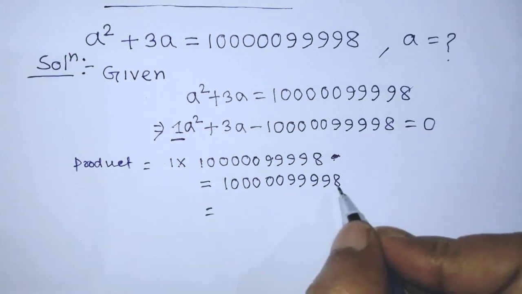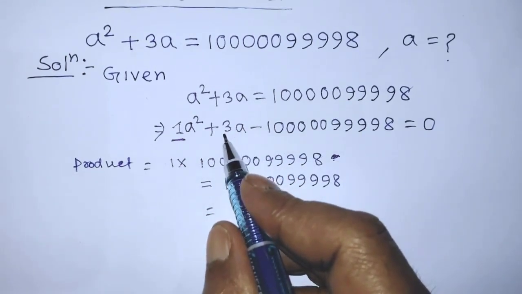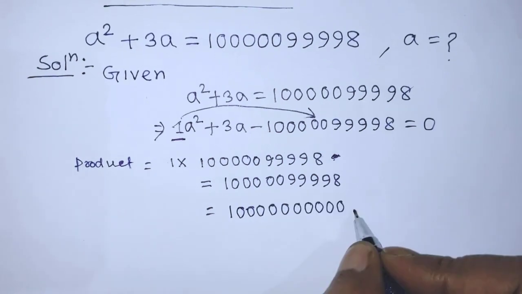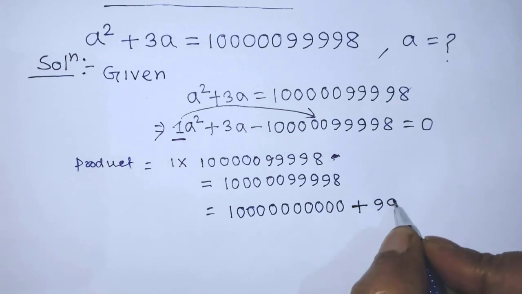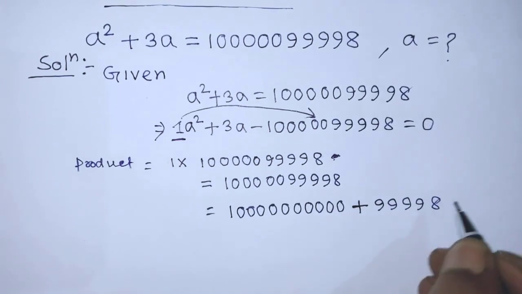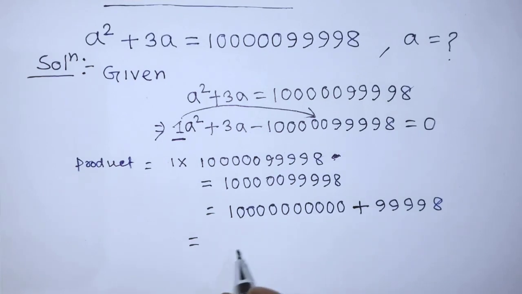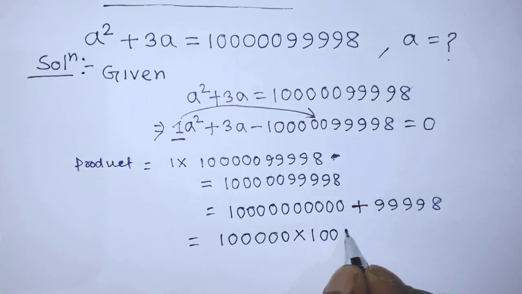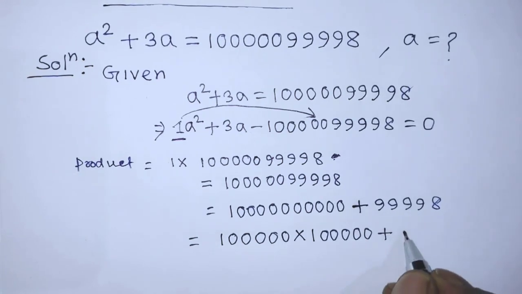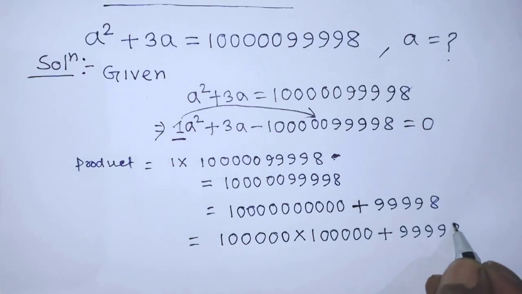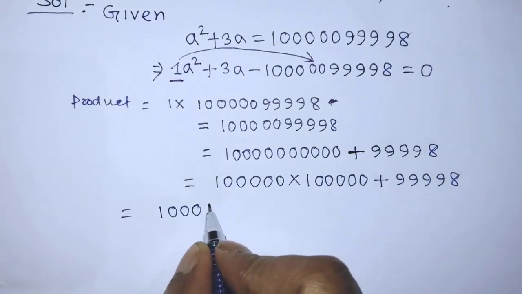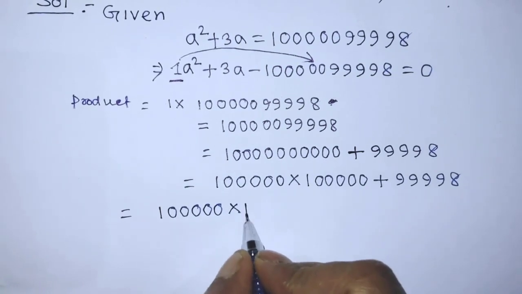To find the factors of this number whose difference is 3, we can write this number as 1 lakh times 1 lakh plus 99,998.